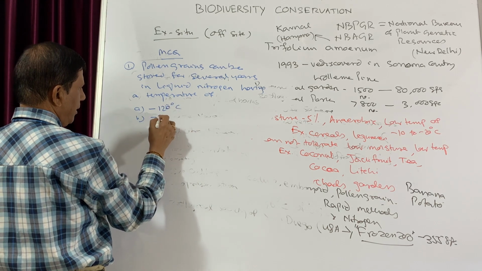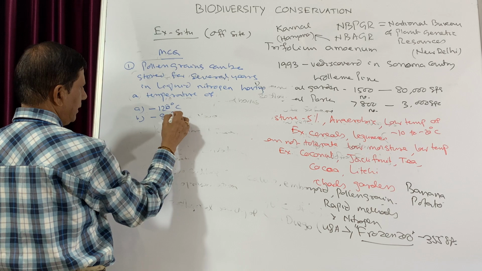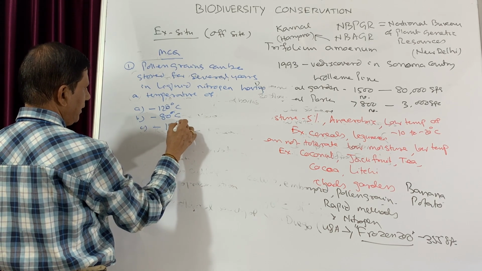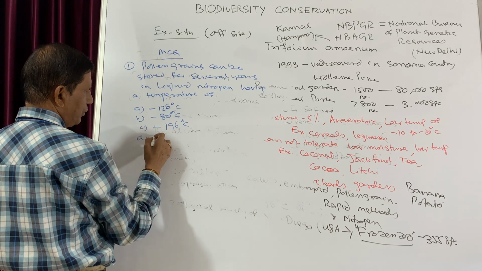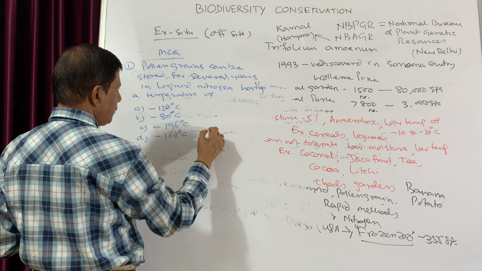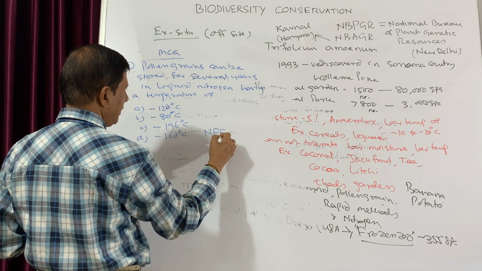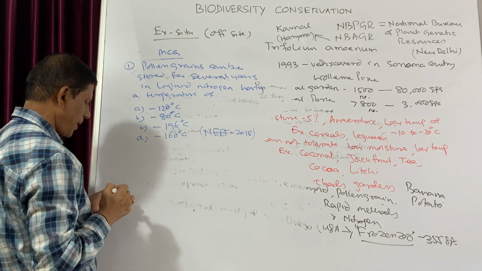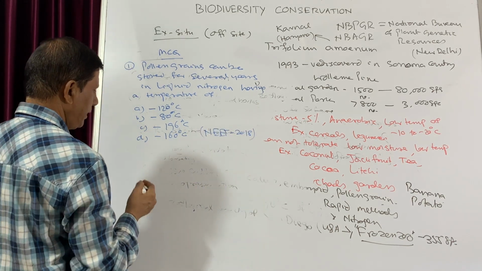Second choice, minus 80 degrees centigrade. Third choice, minus 196 degrees centigrade, and the fourth choice is minus 160 degrees centigrade. And this question was asked in NEET 2018.